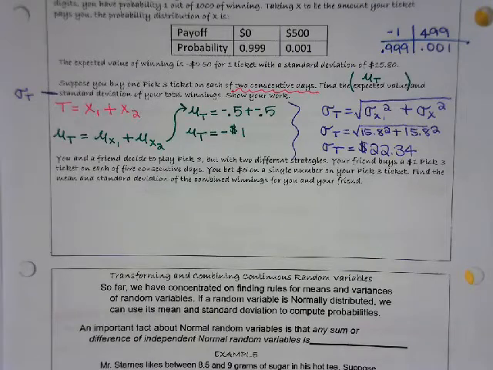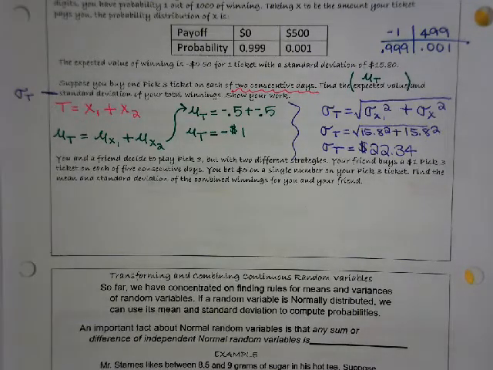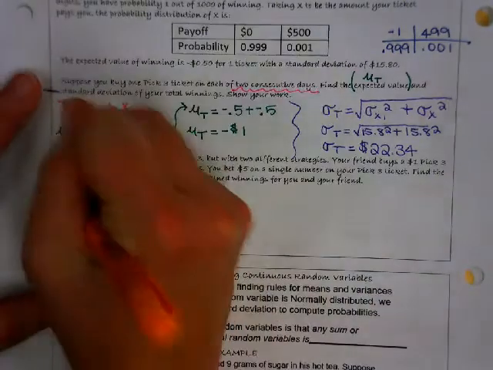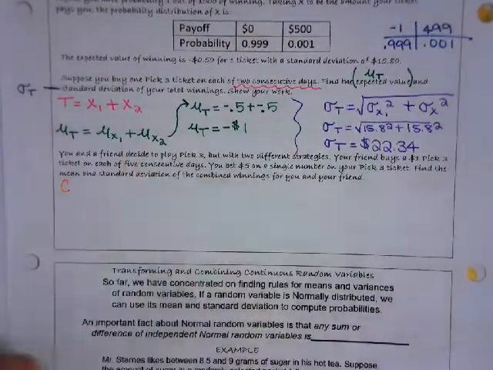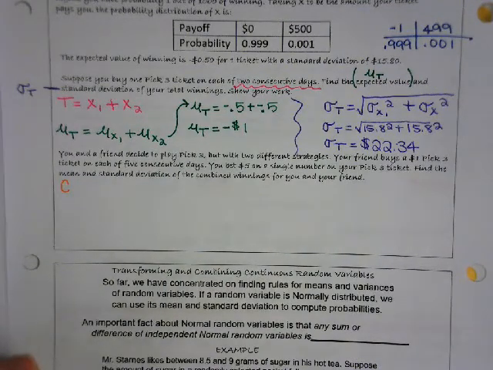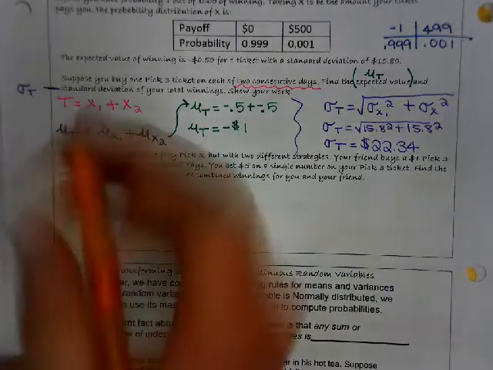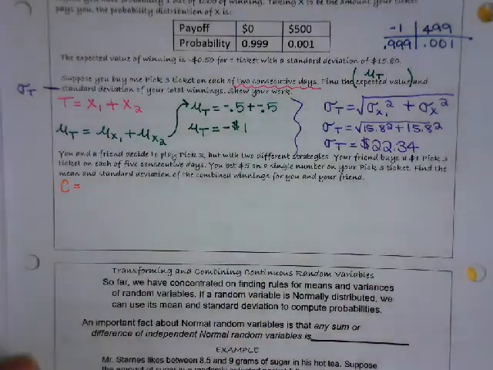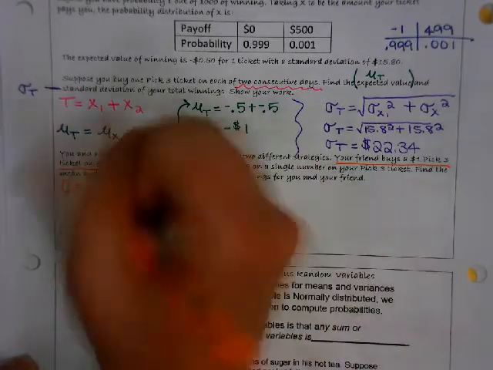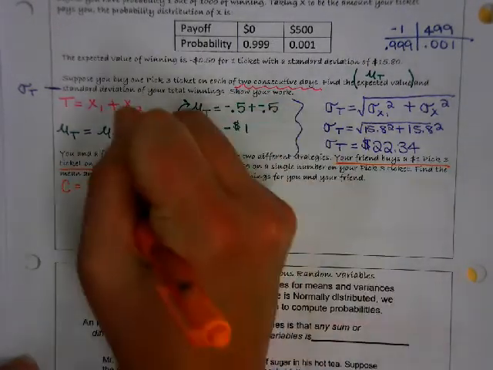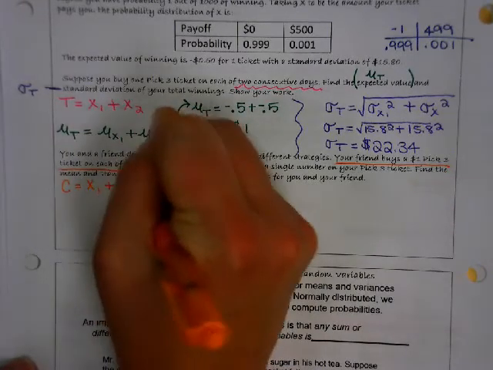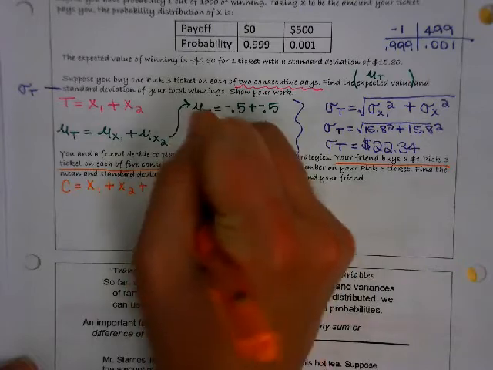On this one, I'm going to use the letter C just because it's different than what we're doing up here. I chose C because we're combining variables. Like I said before, it really doesn't matter what the letter is. Your friend is going to play 5 days in a row. So we have the first day plus the second day plus the third plus the fourth plus the fifth.